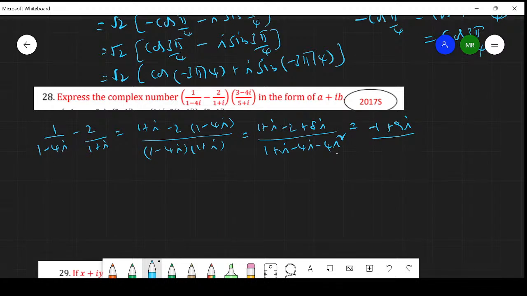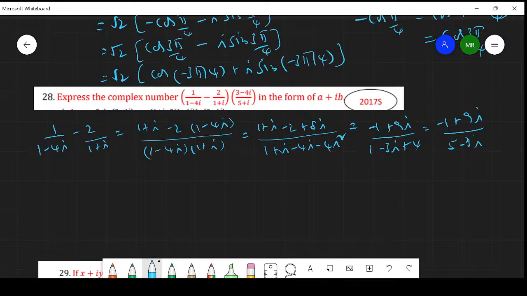You can see i square is minus 1. I can write i square is minus 1, which means the denominator becomes 1 minus 3i plus 4. Now it will come minus 1 plus 9i by 5 minus 3i.